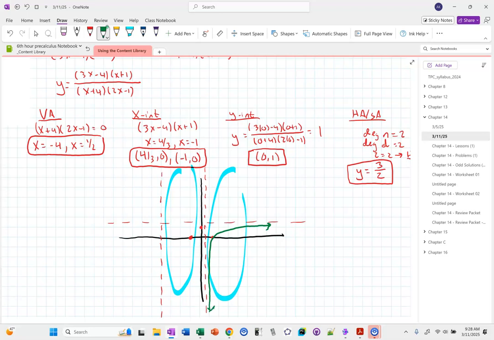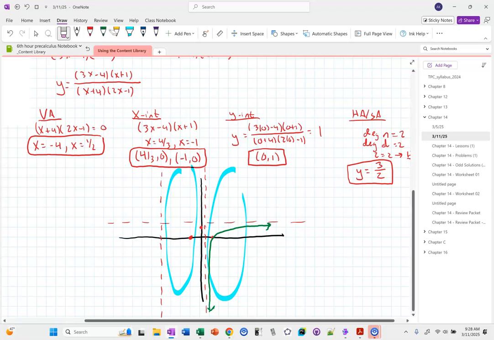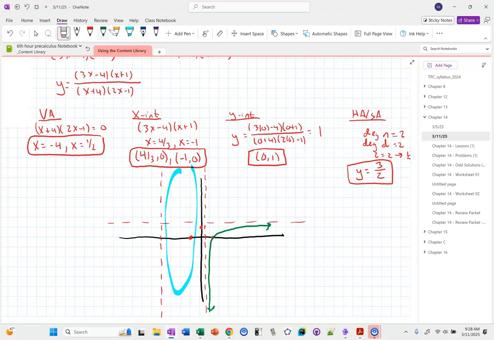I can't start up high because I would have to pass the horizontal to go down to it. And my end behavior as x goes to positive infinity needs to follow that horizontal asymptote, right? That's the only way to fit that in there. Is everybody cool with how I was able to surmise that just by looking at the points?